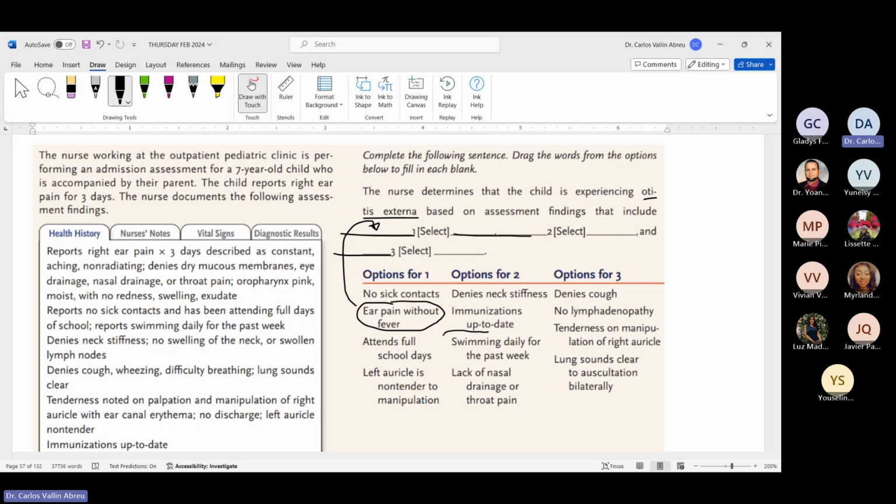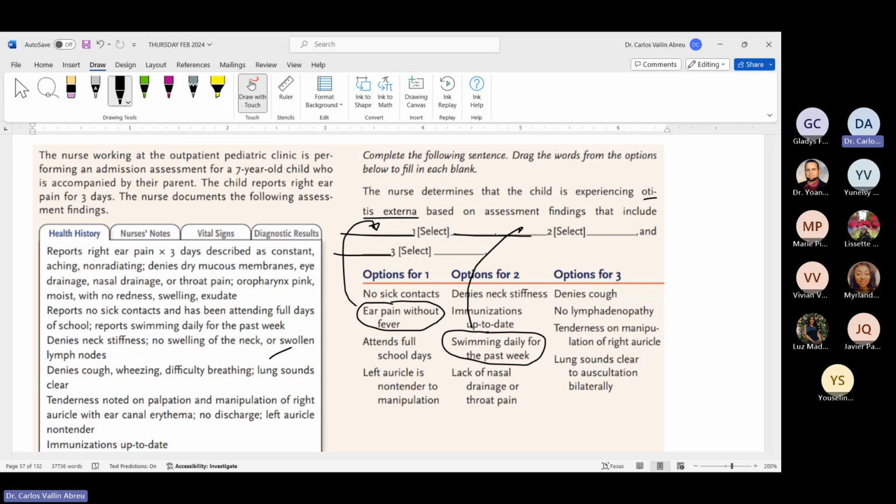Obviously, swimming is a risk factor for otitis externa. That's why it's also called swimmer's ear. So it is a risk factor that supports the diagnosis of otitis externa. So I move that to 2.